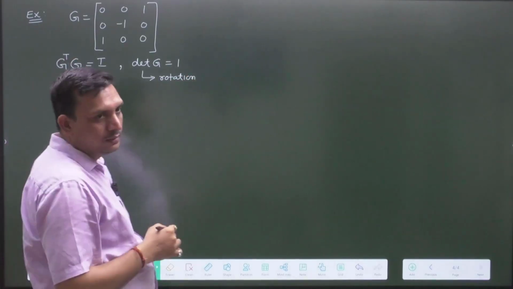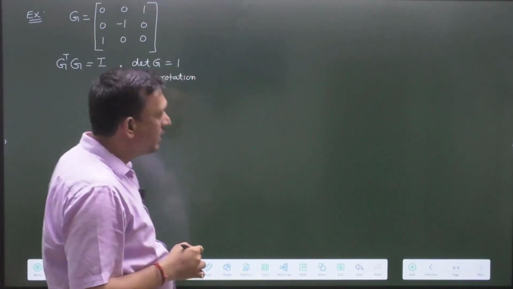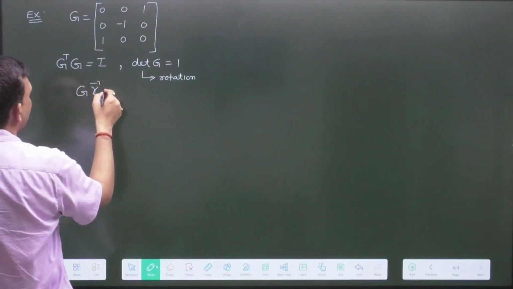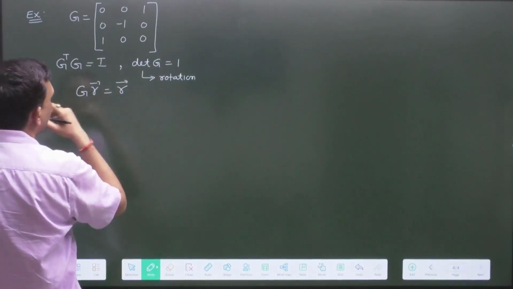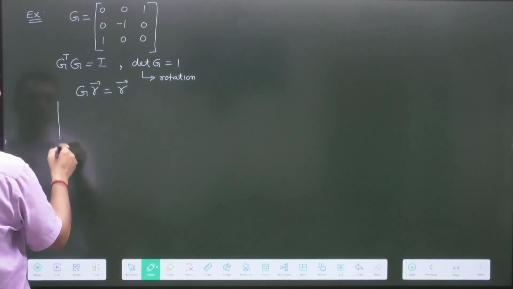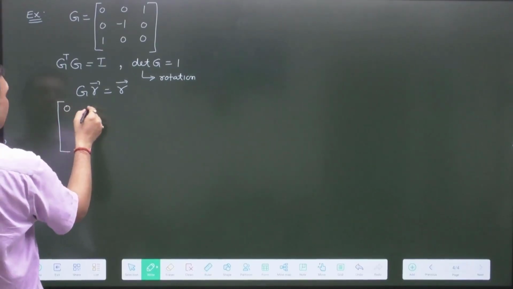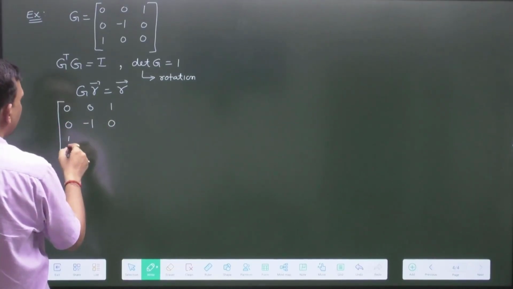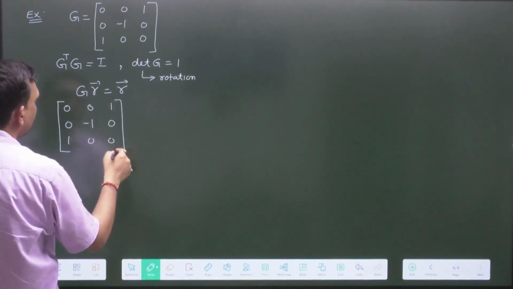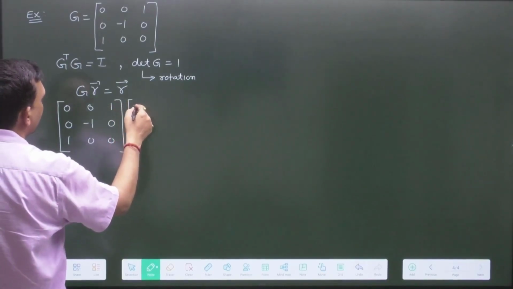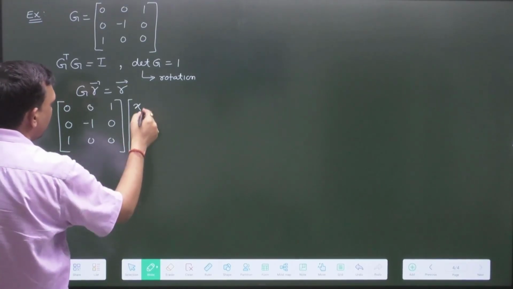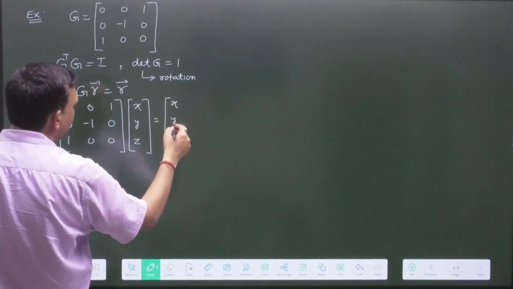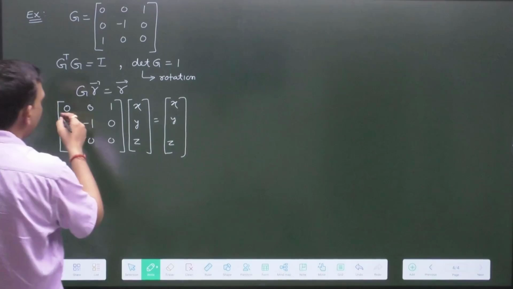So what will be the rotation axis? Again, you have to check for GR is equal to R. Let's solve this. Matrix 0, 0, 1, 0, minus 1, 0, 1, 0, 0 times X, Y, Z, and this will be again X, Y, Z. So this will give you what?